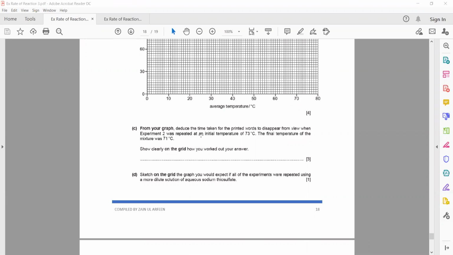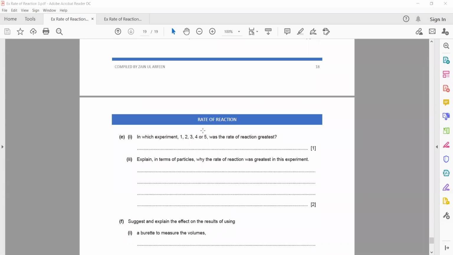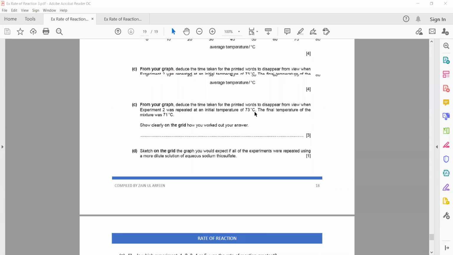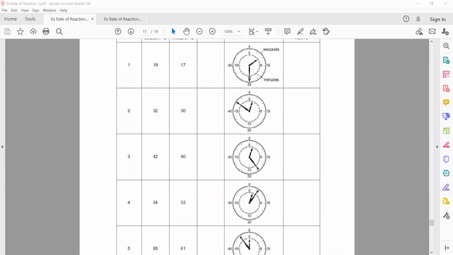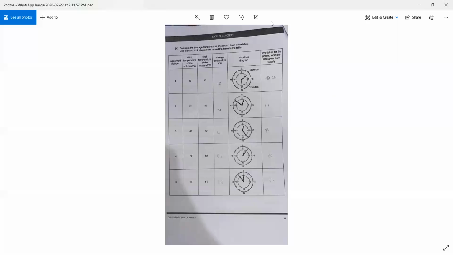Then part E and F. In which experiment, 1, 2, 3, 4 or 5, was the rate greatest? So how can you identify which experiment the rate is the greatest? This table is there, so you can identify from this table.